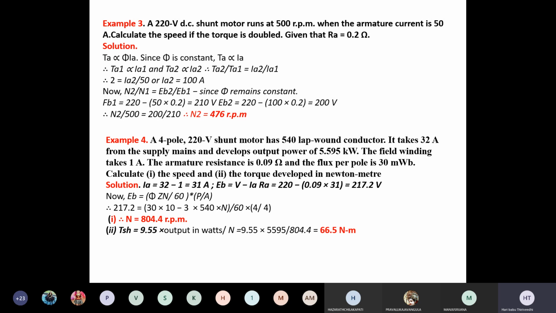So TA1 is proportional to IA1, TA2 is proportional to IA2, therefore TA2 by TA1 is equal to IA2 by IA1, right?